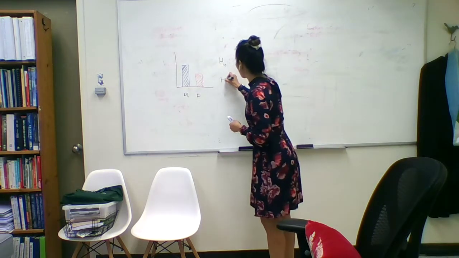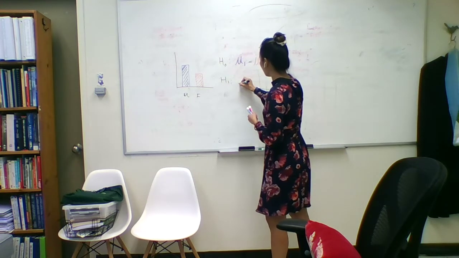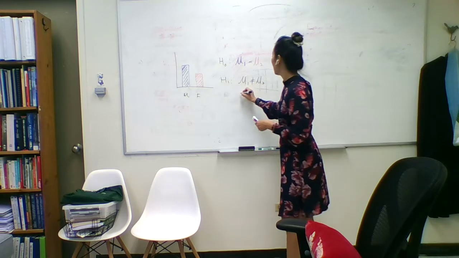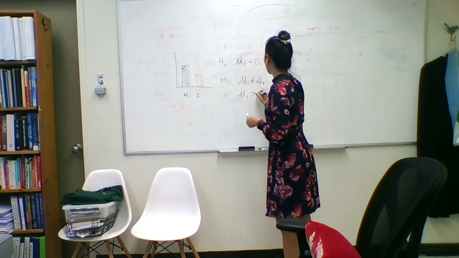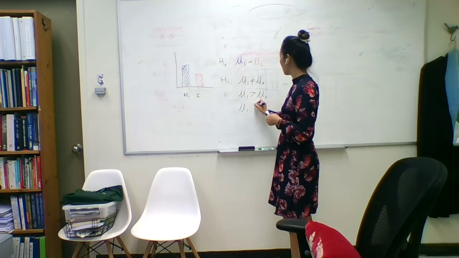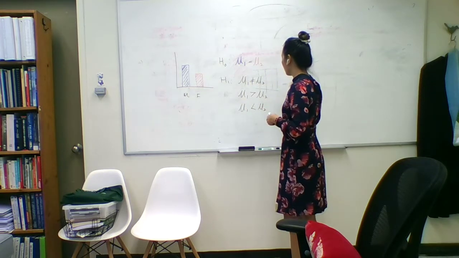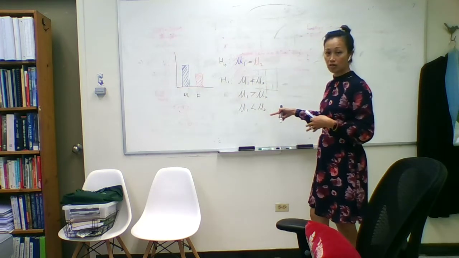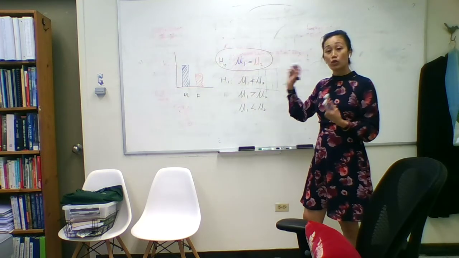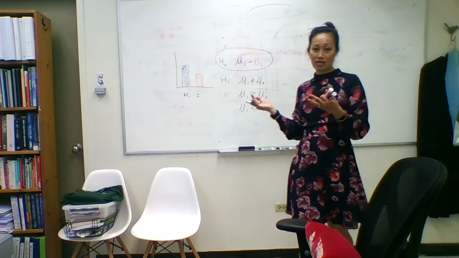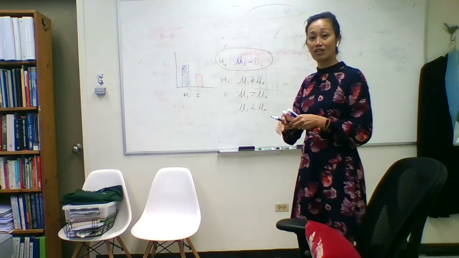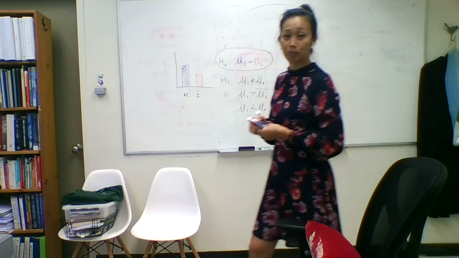Then the alternative hypothesis could be that they're not the same, so mu1 is not equal to mu2, or we could test the claim that maybe males actually sleep more than females on average, or we could test the claim that males on average sleep less than females. Those are our alternatives. But again, the idea here is that the null hypothesis is that the two means don't have a difference. And then we test using our sample data to see if that is true or not true.